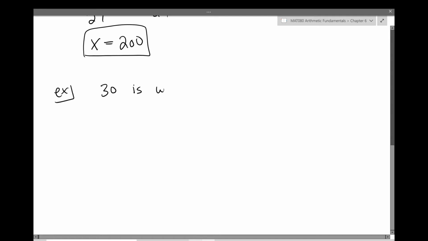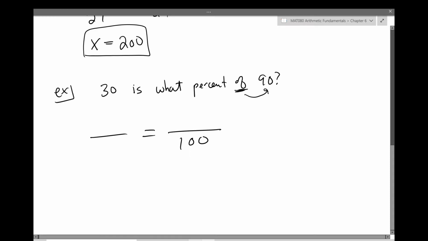30 is what percent of 90? All right, so let's set up our percent proportion. So the first thing I look for is the word of. Well, the number after the word of is 90, so that goes down here.